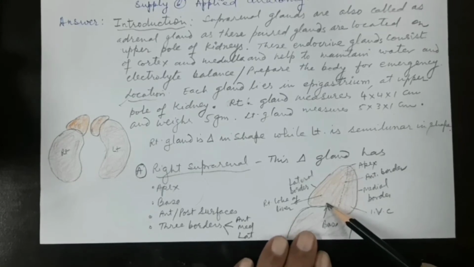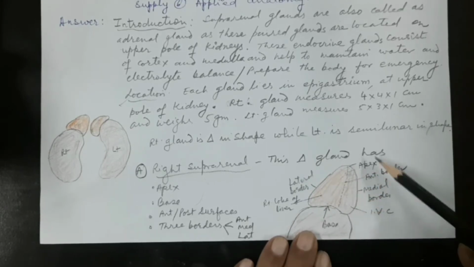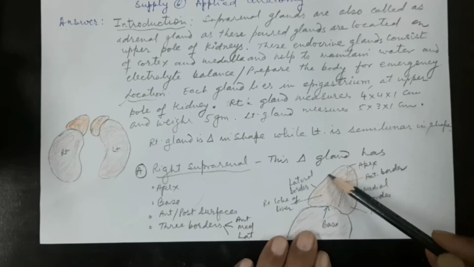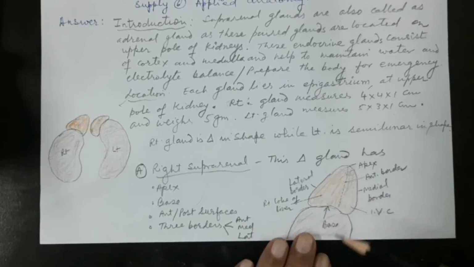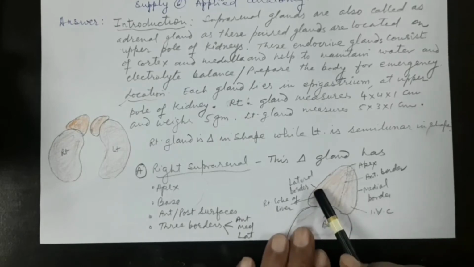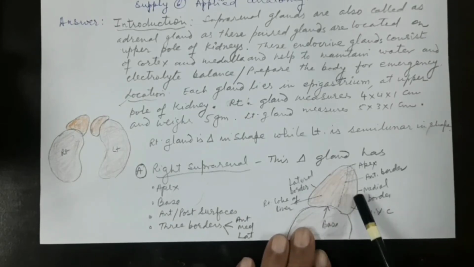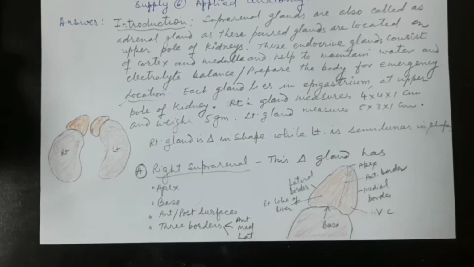And then there are three borders. One is the medial border, which is facing towards the median plane. This is the lateral border, and there is an indistinct anterior border. But in spite of having three borders, the right suprarenal has only two surfaces: the anterior surface, between the medial border and the lateral border, and one posterior surface.